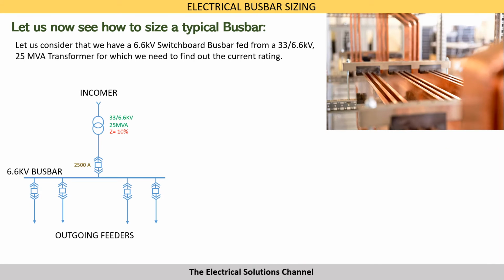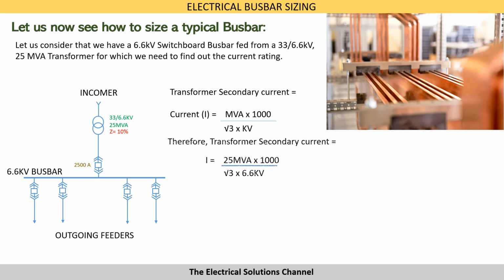Let us now see how to size a typical busbar. Let us consider that we have a 6.6 kV switchboard busbar fed from a 33 by 6.6 kV 25 MVA transformer, for which we need to find out the current rating. The transformer secondary current is calculated as MVA into 1000 divided by root 3 into kV.